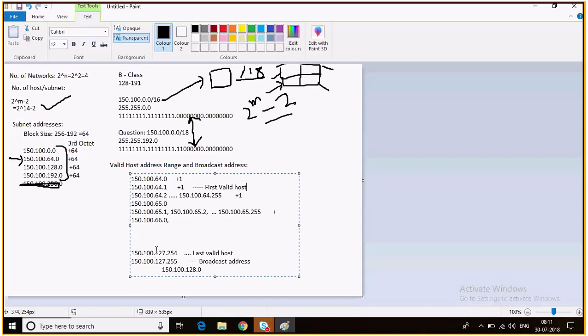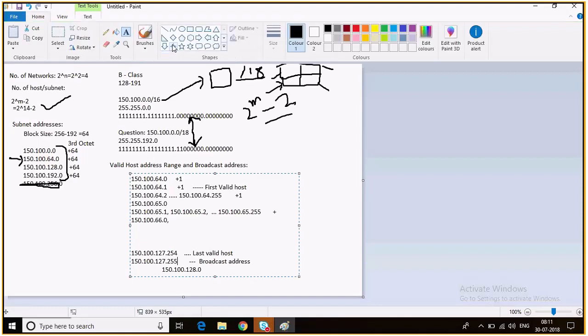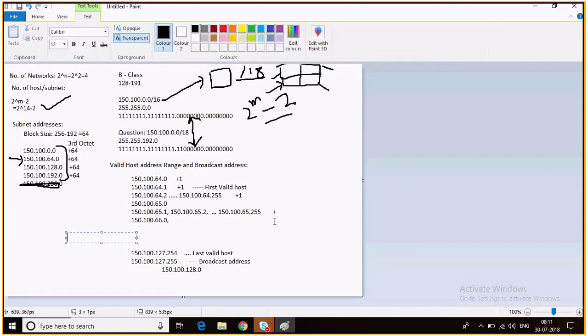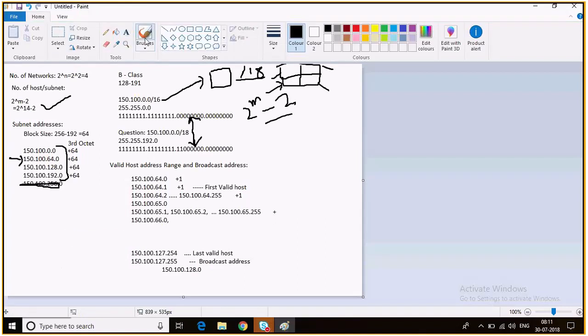The broadcast address for this is 150.100.127.255, right? So this is my broadcast address, and my valid host range is from 150.100.64.1 to 150.100.127.254.